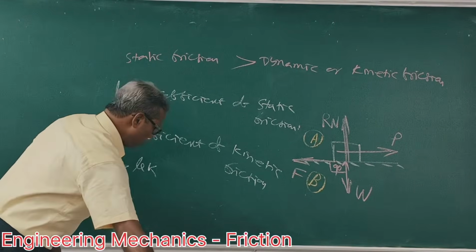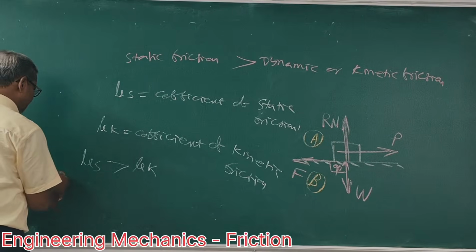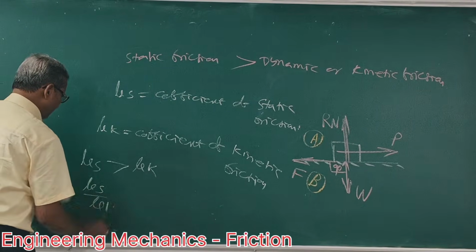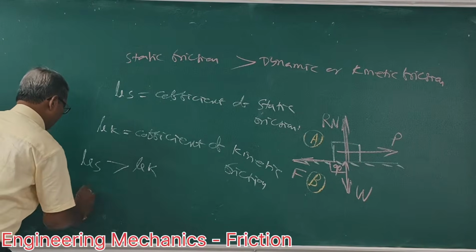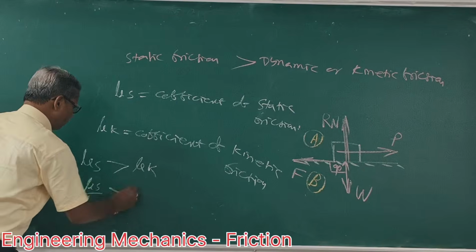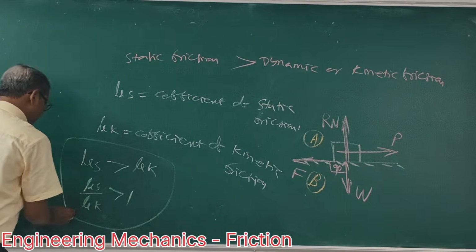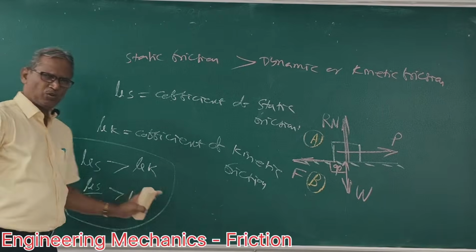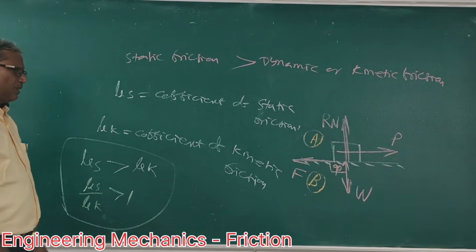So mu s by mu k is more than 1. Clear? More than 1.